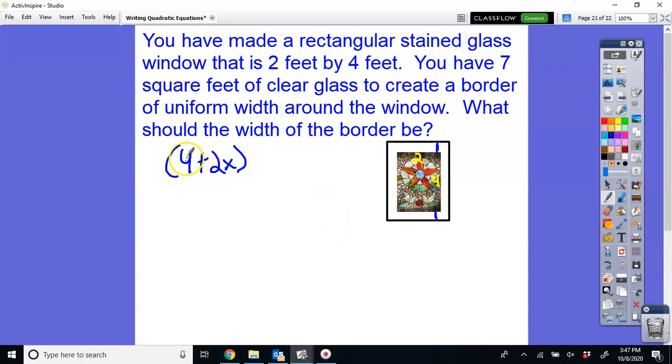So that is the beginning amount plus what it's moving or changing by. Notice this side, I'm going to add something here and add something here. So instead of just 2 plus x, like we did in the last problem where you just added to one side of your dog pen, you're doing the beginning amount 2 plus 2x.